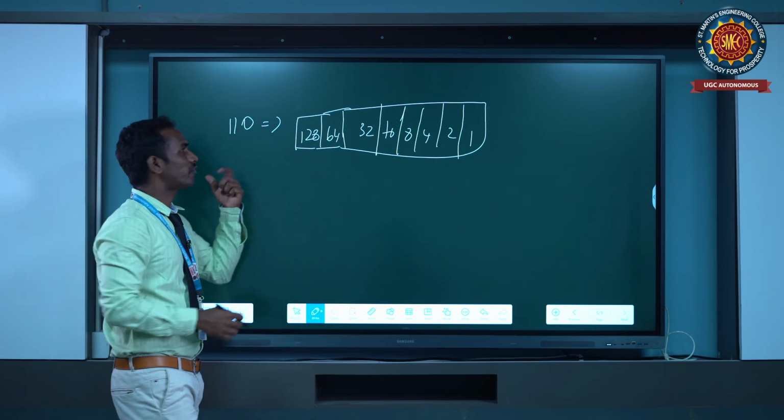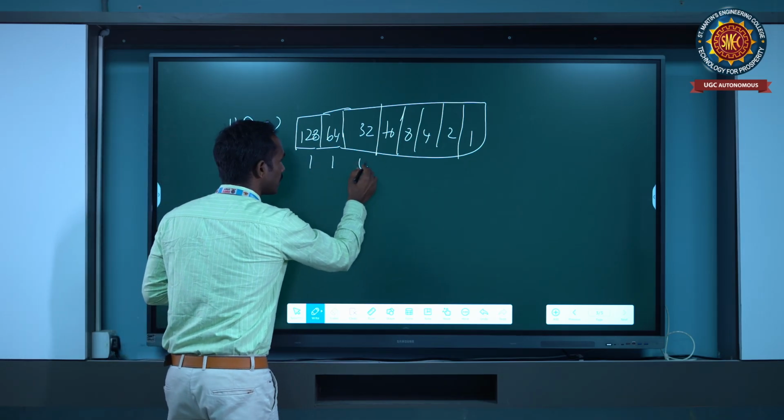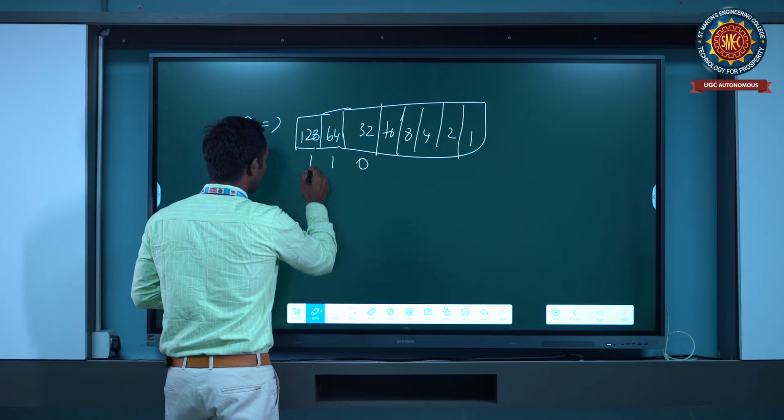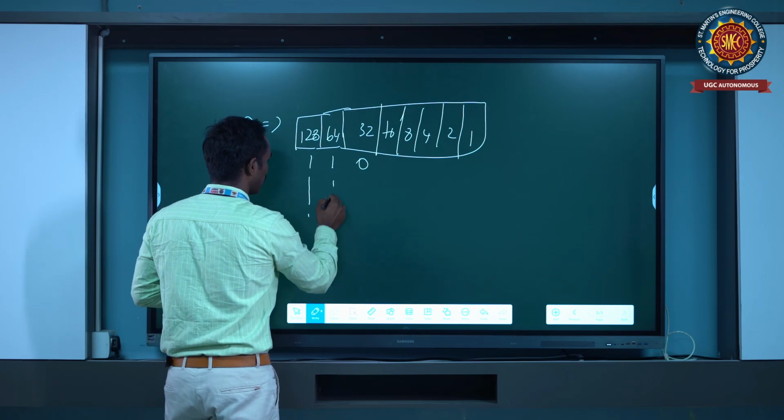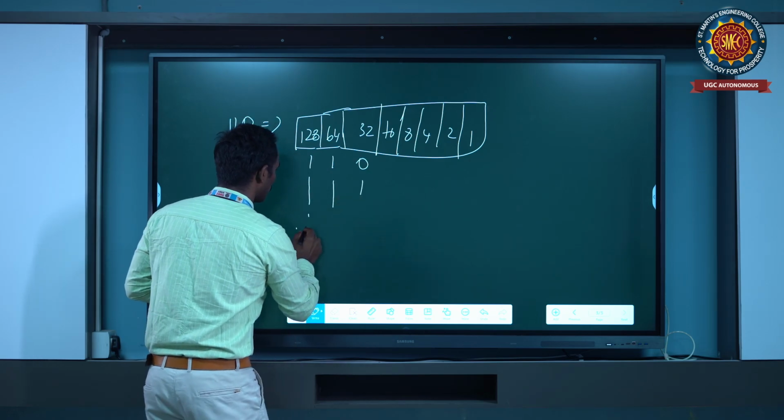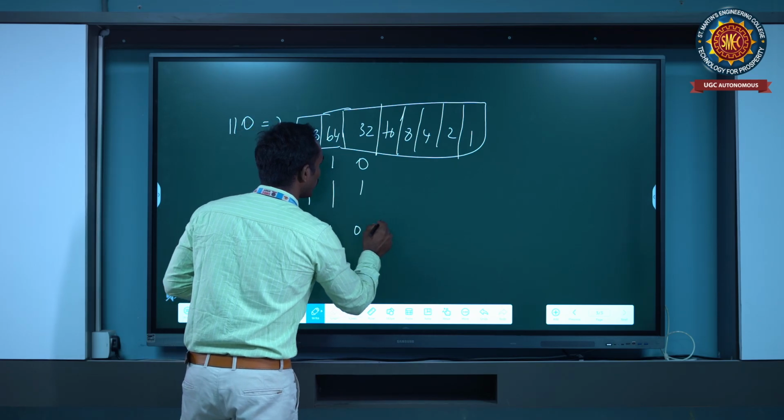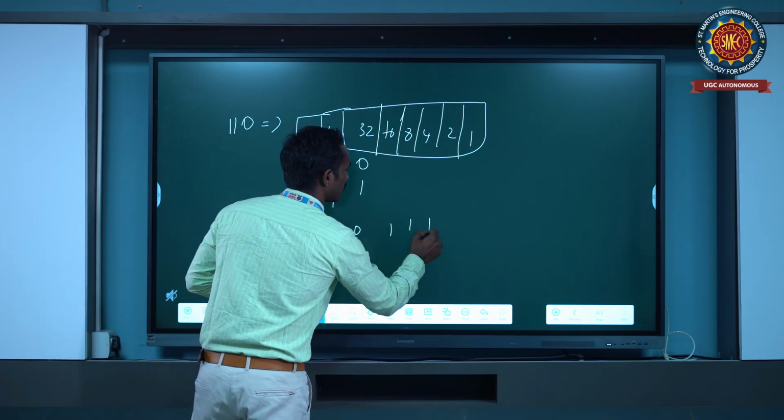Put the value 1, 1, 0, and remaining all are 1.